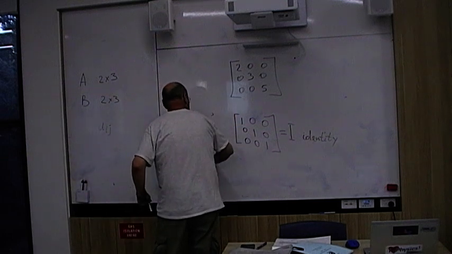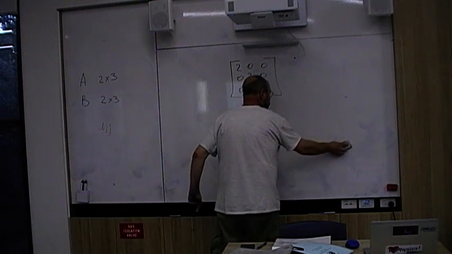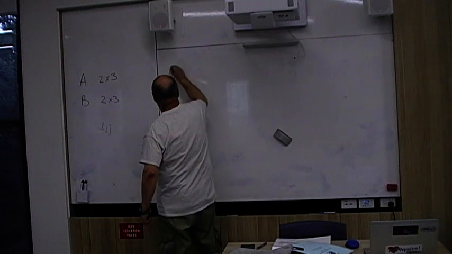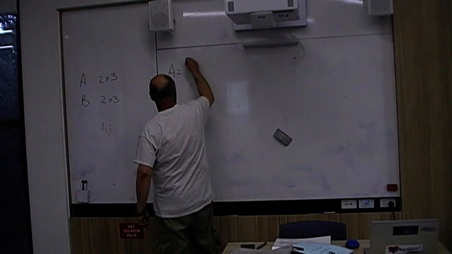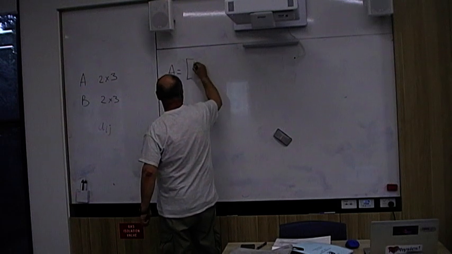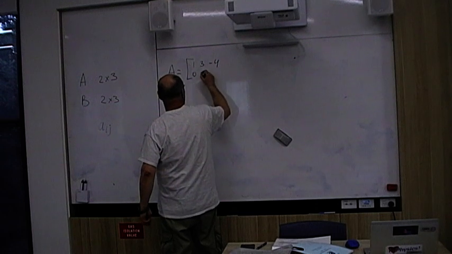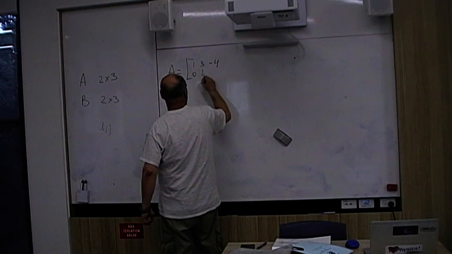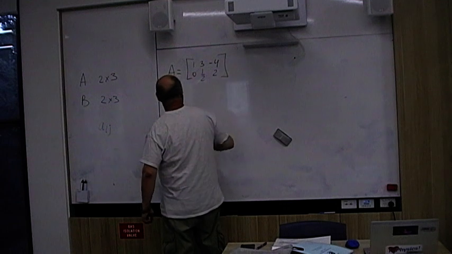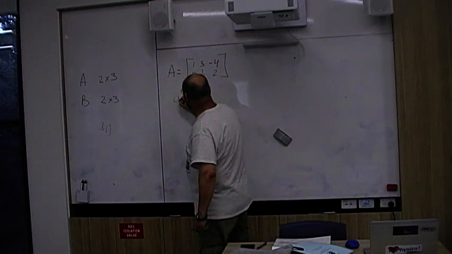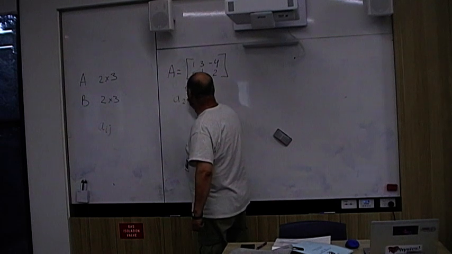So, for example, again, if we have matrix A equal, let's say 2 by 3, 1, 3, minus 4, 0, 1/2, 2. So what will be element a22?